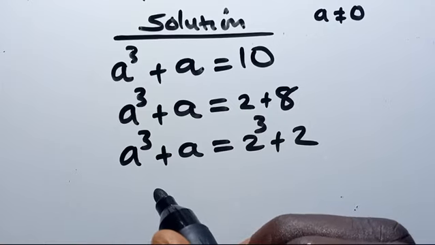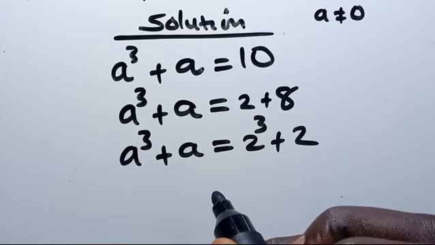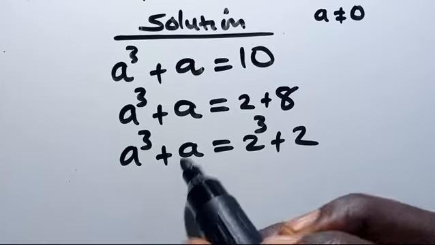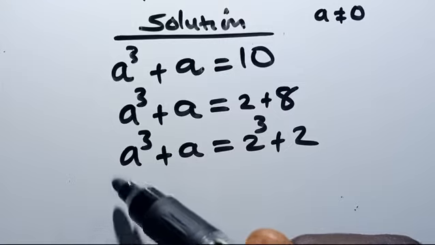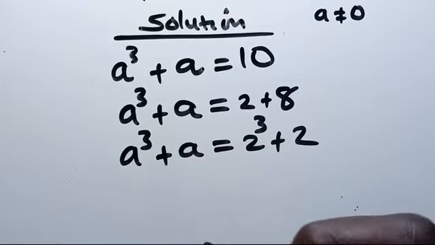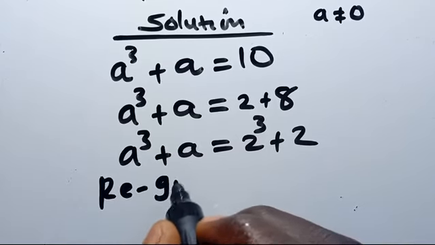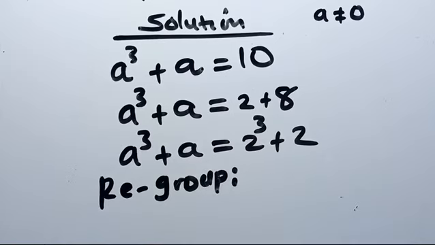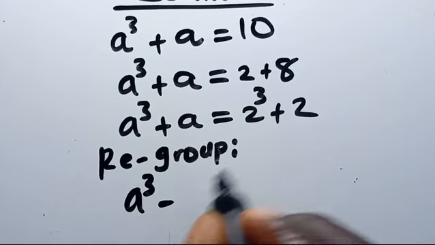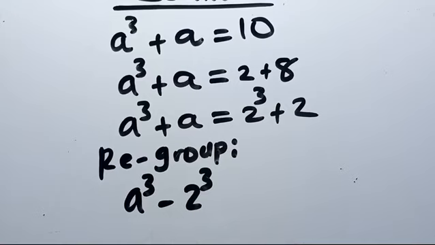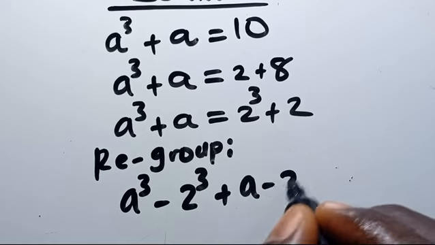But the reason why we are not going to stop at this step is that we are expected to have 3 possible solutions because the highest degree is 3. So let's regroup. By regrouping, we are going to have a to the power of 3 minus 2 to the power of 3, plus a minus 2.